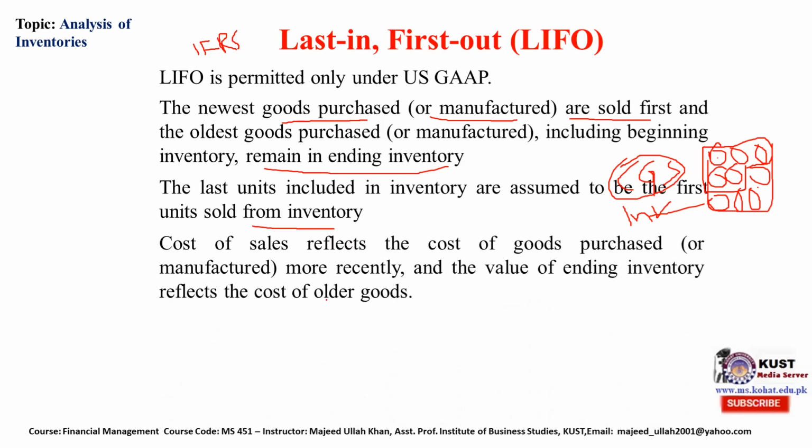Cost of sales reflects the cost of goods purchased or manufactured more recently, and the value of ending inventory reflects the cost of older goods, as I explained here.